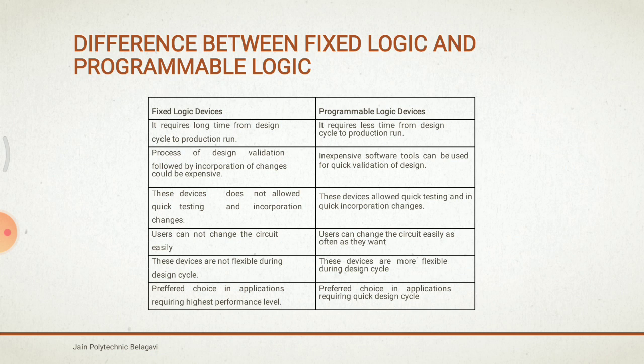Fixed logic circuits do not allow quick testing and incorporation of changes, whereas programmable logic devices allow quick testing and quick incorporation of changes. In a fixed logic circuit, the user cannot change the circuit easily. In a programmable logic device, the user can change the circuit easily, as often as needed.